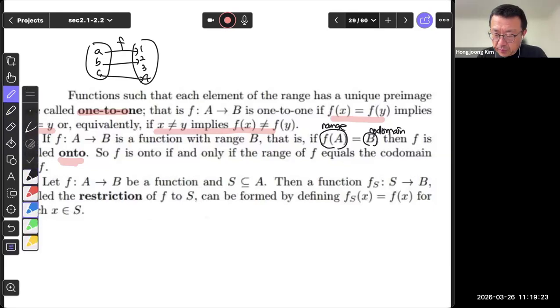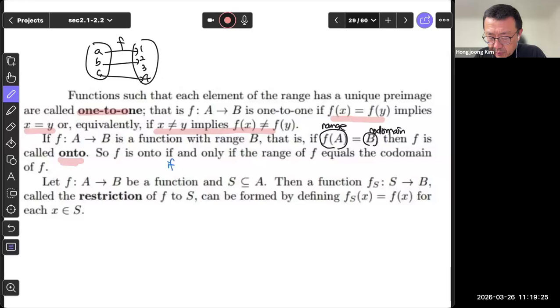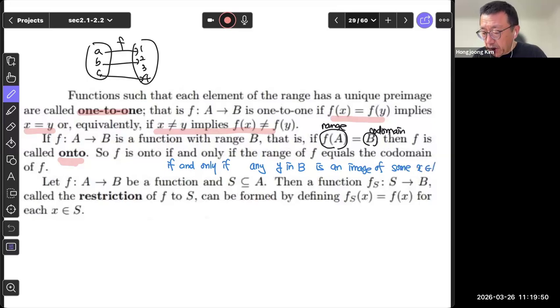In other words, if you choose any vector in B, it is an image of some x in A. It is an image of something.